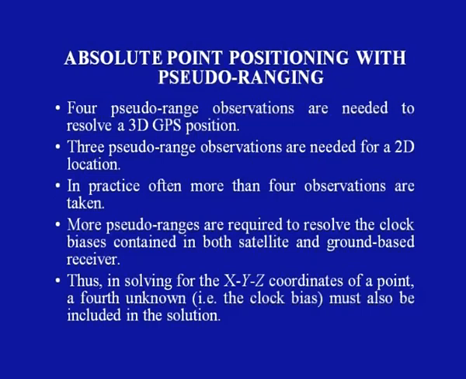More pseudo ranges are required to resolve the clock biases contained in both the satellite and ground based receivers. Thus, in solving for the x and y coordinates of a point, a fourth unknown, that is the clock bias, must also be included into the solution.